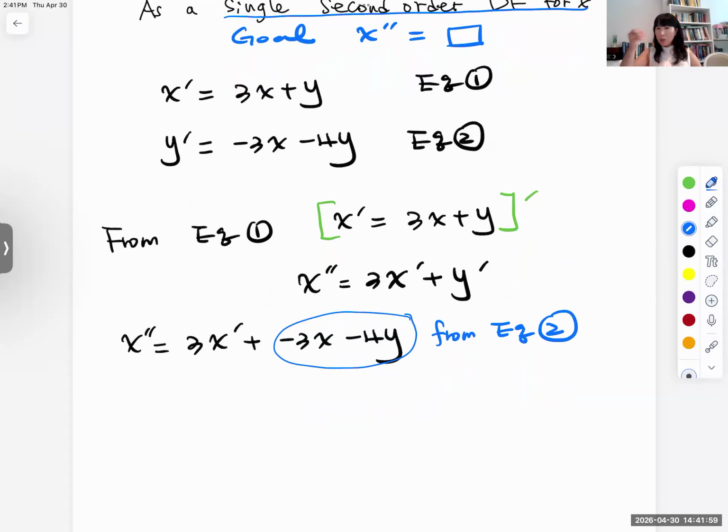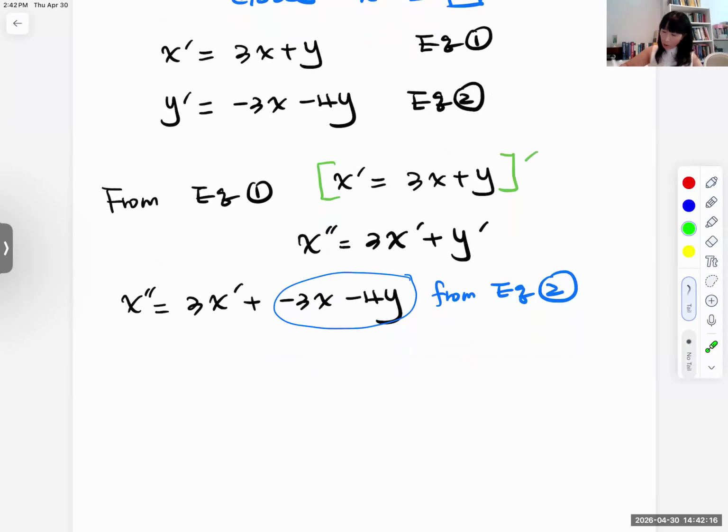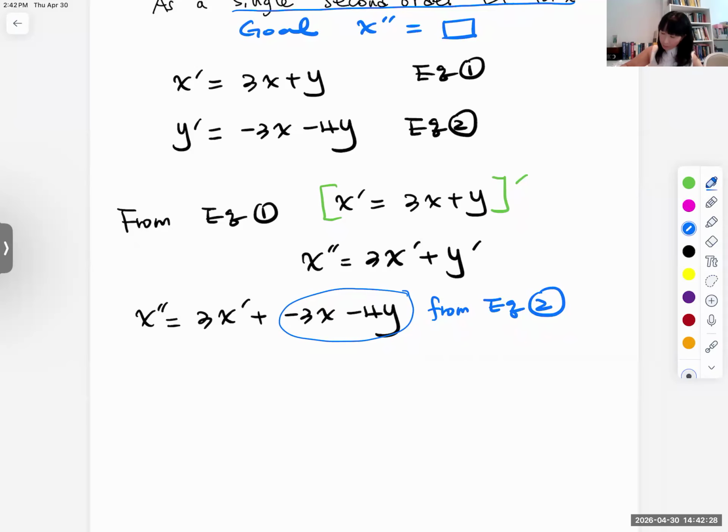Okay, then once again, we cannot leave it y there, right? All right, then since we got this equation from equation 2, let's solve for y from the equation 1, right? So we don't want y there. Make sense? Okay, now solve for y from equation 1.